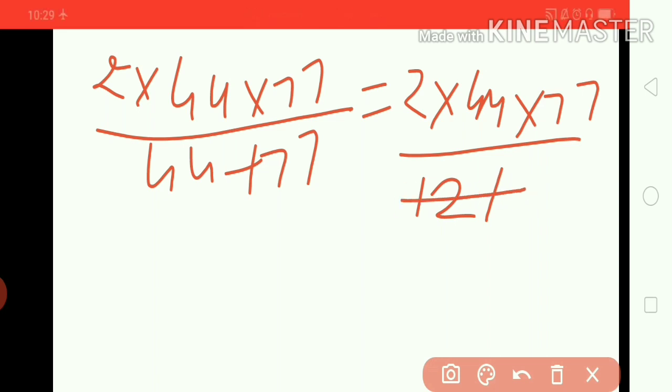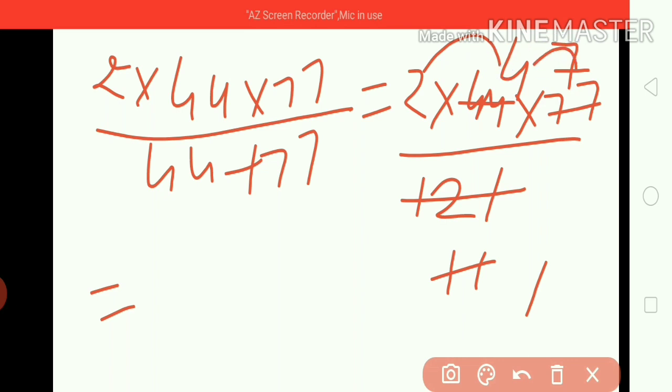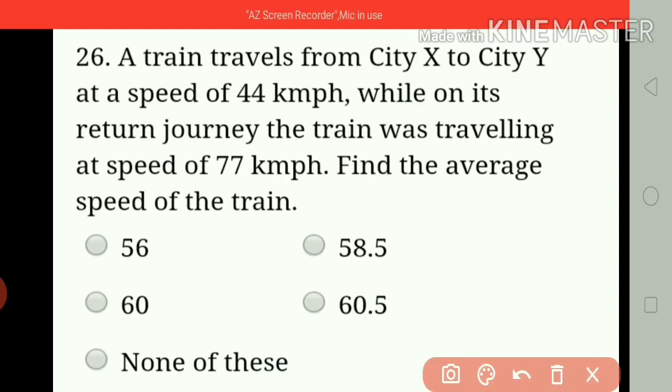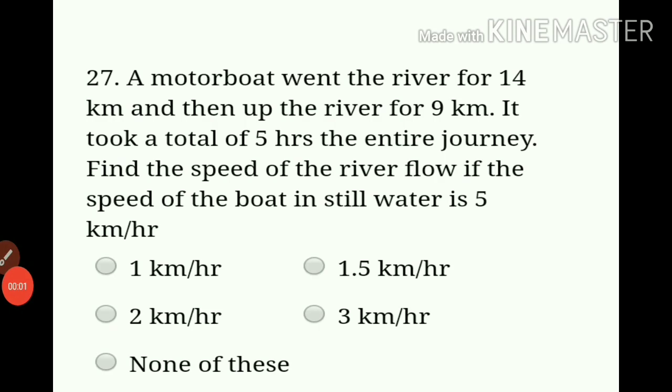Let us cut. 11 ones are 11, 11 ones are 11, 11 fours are 44, 11 ones are 11, 11 sevens are 77. Now multiply. 4 times 8, 8 times 7 is 56. So 56 is the answer. Let us check which option shows the same answer. Let us start question number 27.